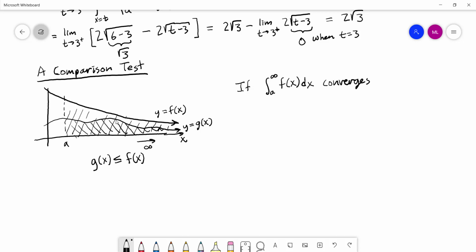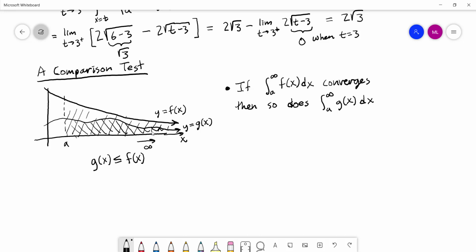If the top area converges to something finite, so it doesn't blow up and go to infinity, then the bottom area must also converge to something finite. It can't go to infinity either. So does the integral from a to infinity of g of x dx.